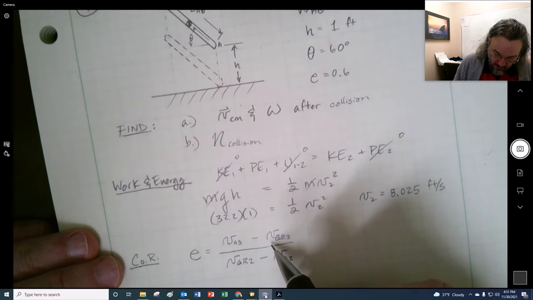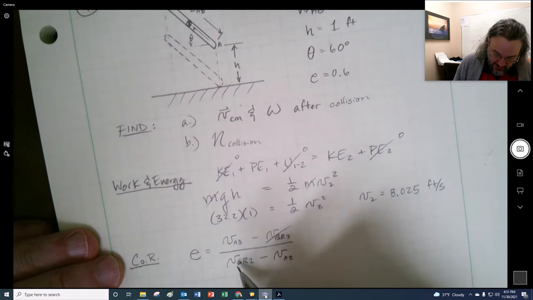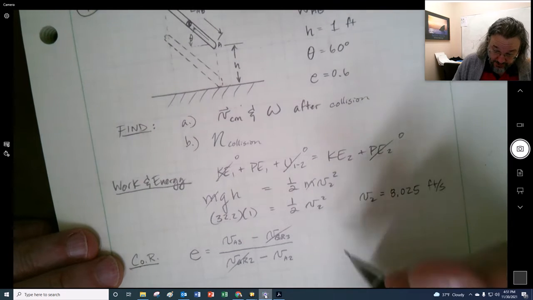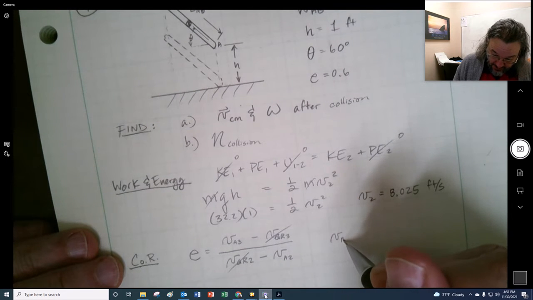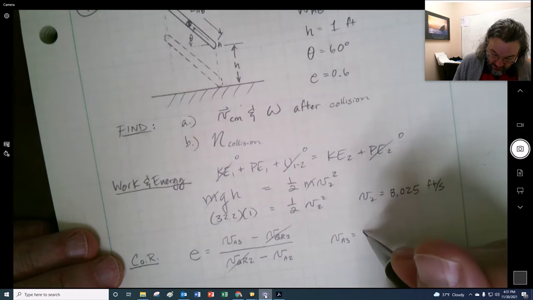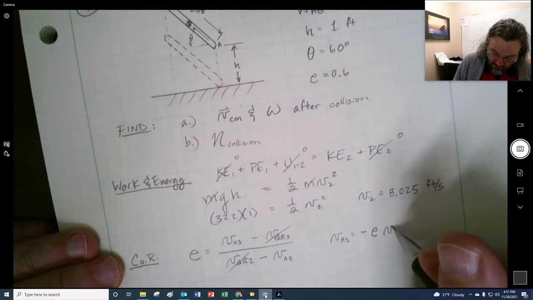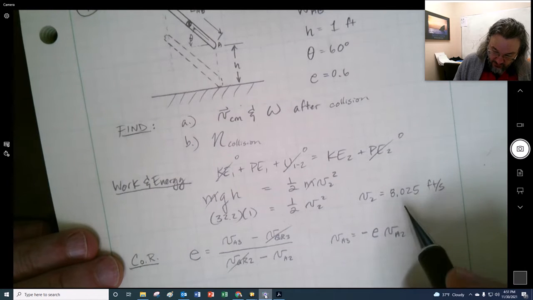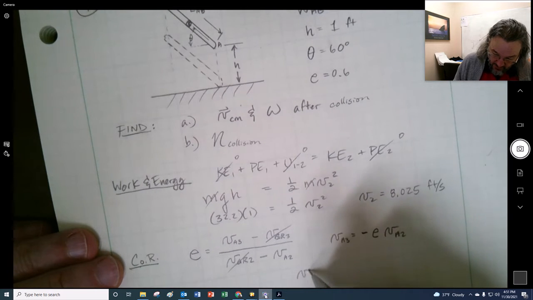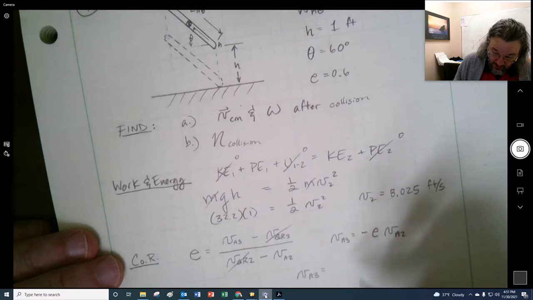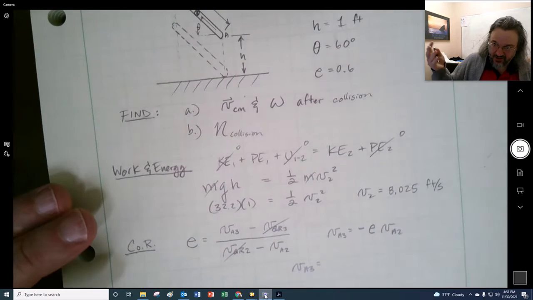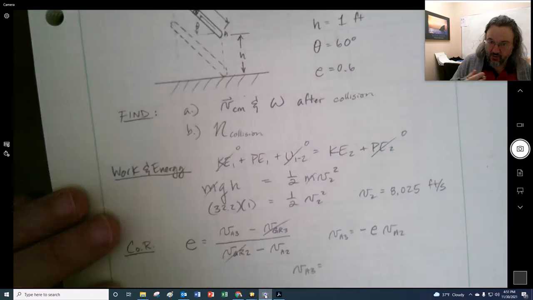Now we know the velocity before and after, so the velocity of A3 is simply going to be negative e times the velocity of A2. The negative is just telling us it's going to be going upwards.